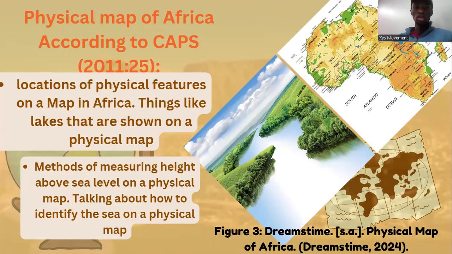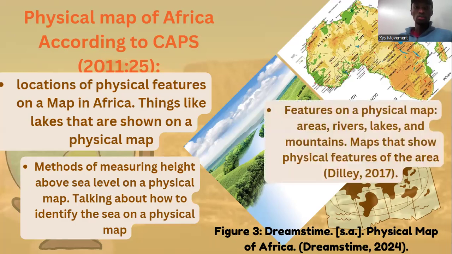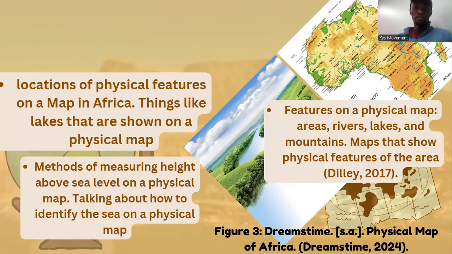So that's what we look at when it comes to physical maps. Another subtopic is the features of a physical map: areas, rivers, lakes, and mountains. Maps that show physical features of an area. That's what we look at when we look at features of a physical map.